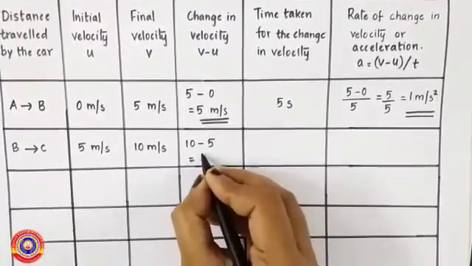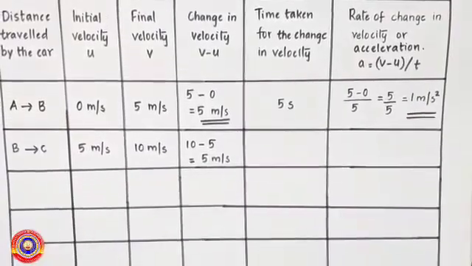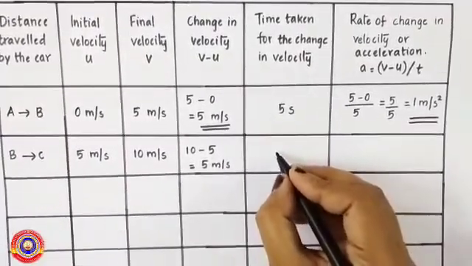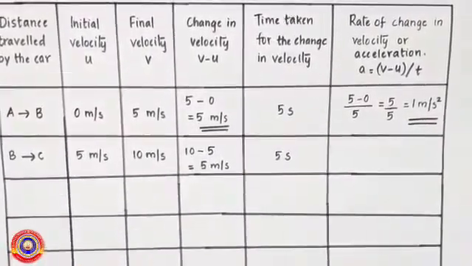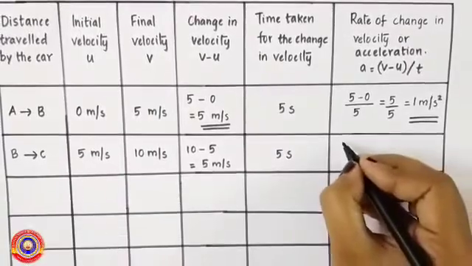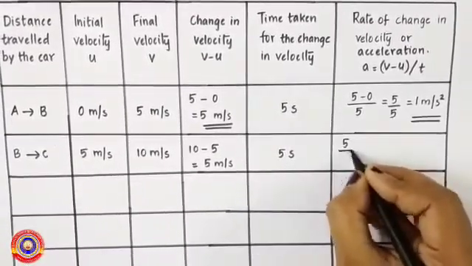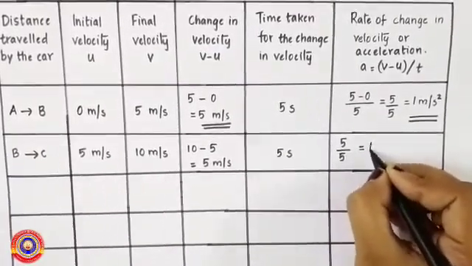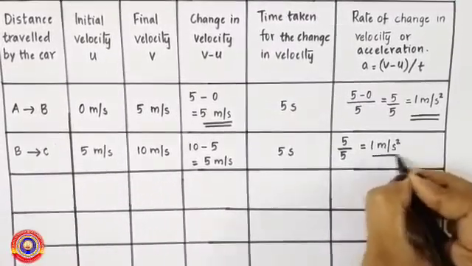So the change in velocity is 10 minus 5, that is equal to 5 meter per second. And it takes 5 seconds for the body to go from B to C. So the rate of change in velocity equals 5 meter per second divided by 5 seconds. It is equal to 1 meter per second square.